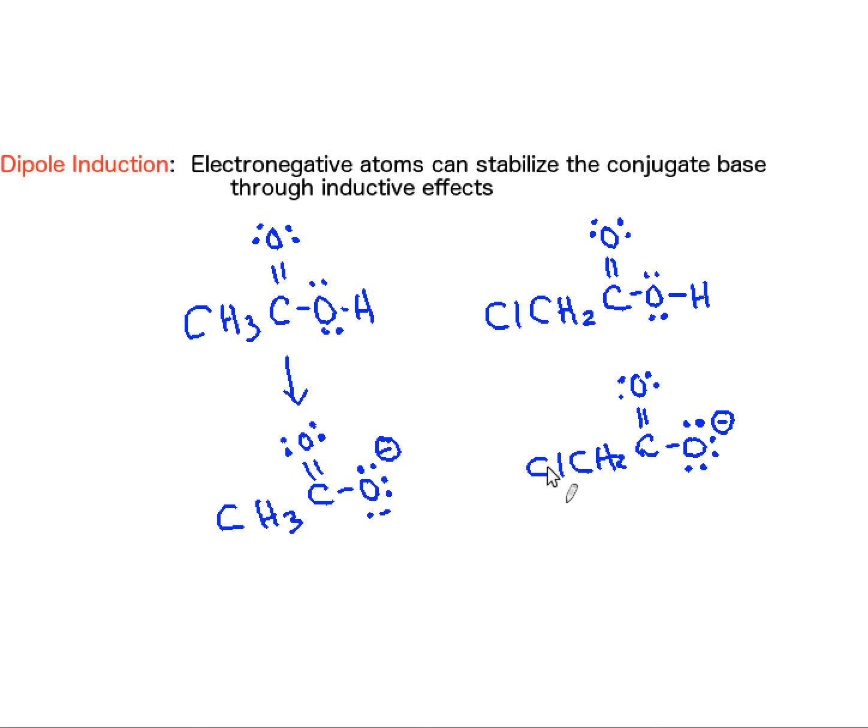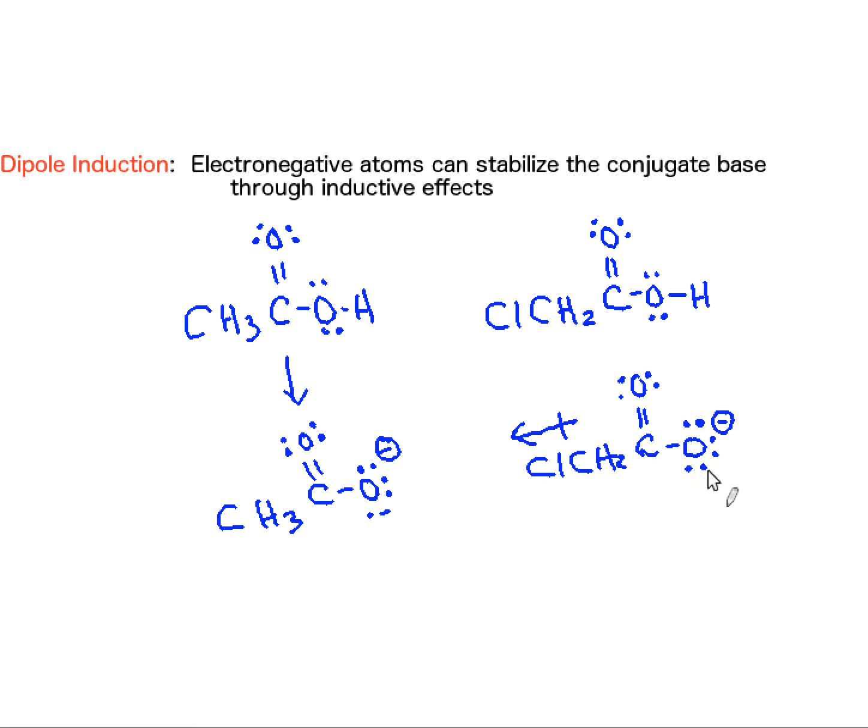Well, if it's electronegative, it's forming a dipole, right? And through inductive effects, it's drawing electrons towards itself. Now, would this stabilize or destabilize this conjugate base?